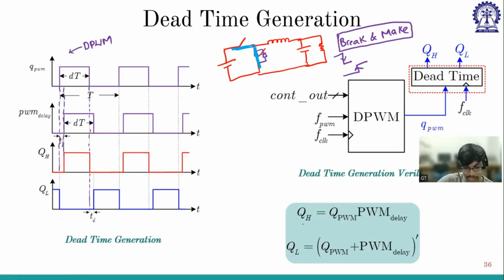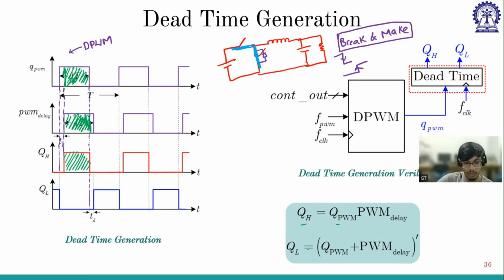So QH is QPWM AND PWM delay. AND operation means only when both are one, it is one. So only in this region we are getting QH to be one. Not in this part, and not in this part, because one of them is 0, so QH is 0. So we only get this region, and here also in this region.